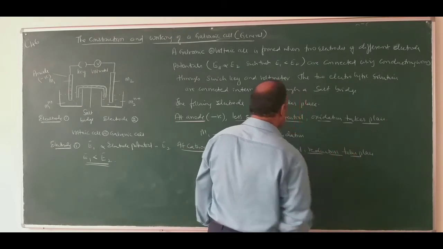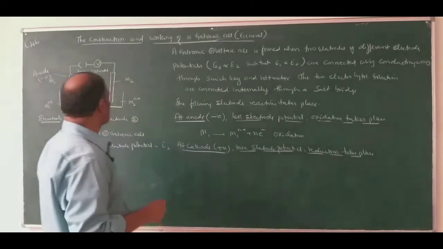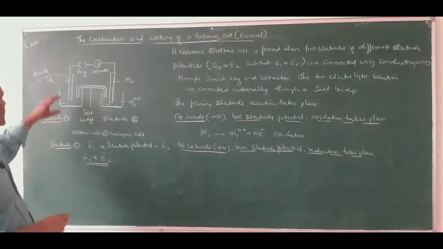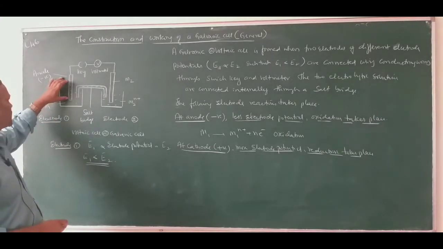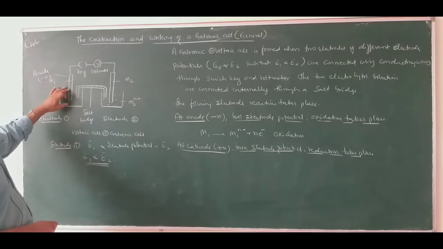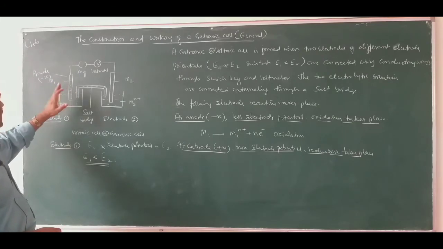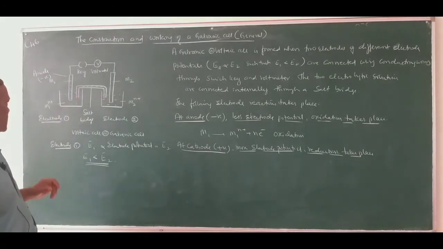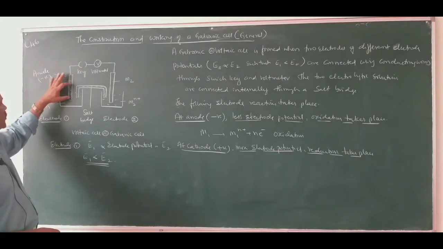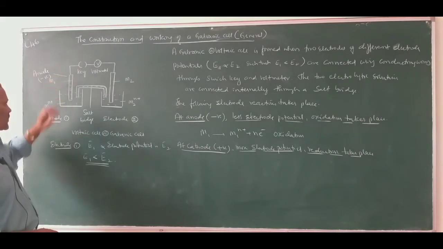So out of these two electrodes, the electrode whose electrode potential is less undergoes oxidation. The electrode where oxidation takes place is called the anode, and its charge is negative. During oxidation, electrons will be released, and these electrons will accumulate on this electrode.